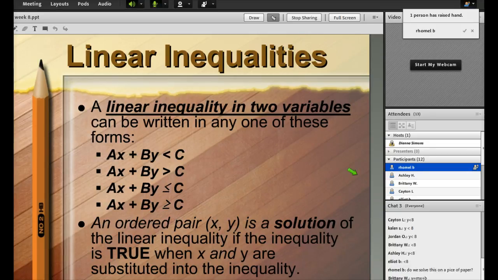And starts with an S. Come on, guys, what is it? How about standard? Standard form. Okay, this is in standard form. Ax plus by equal to c is standard form. Y equals mx plus b is slope intercept. And what's the other form?